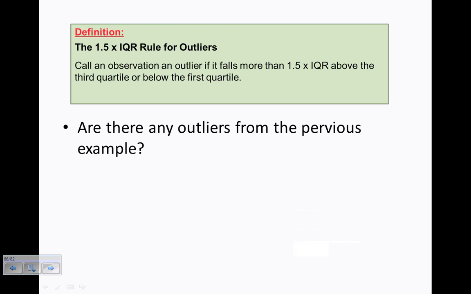All right, outliers. How to determine if there is an outlier. So this is 1.5 times the IQR, and you will have to memorize that. It's not on your formula sheet. So 1.5 times the IQR. If you add that on to your quartile 3 or subtract it from your quartile 1, anything outside that range is going to be an outlier.